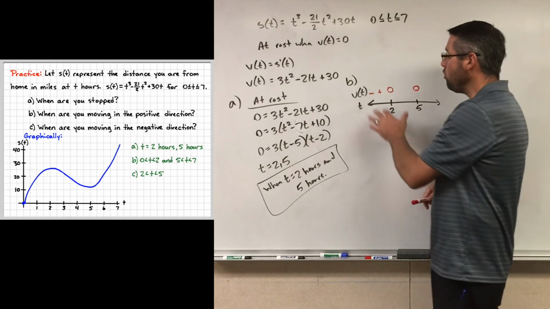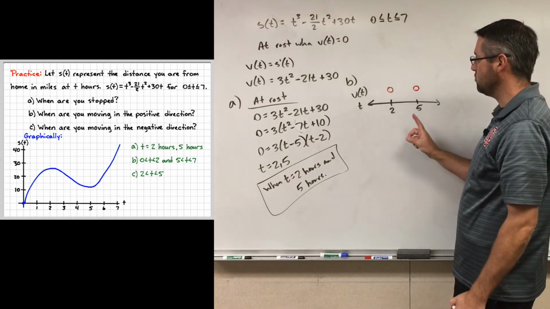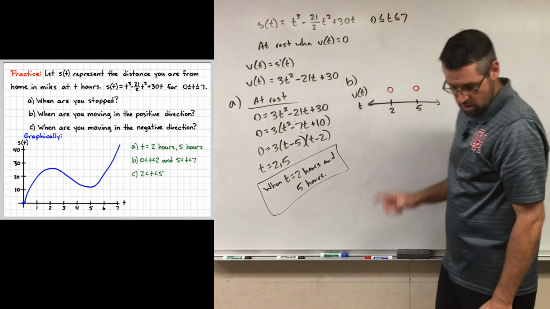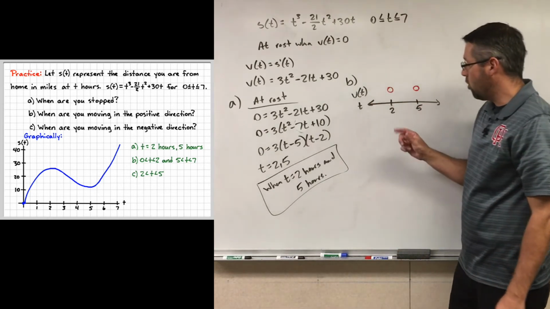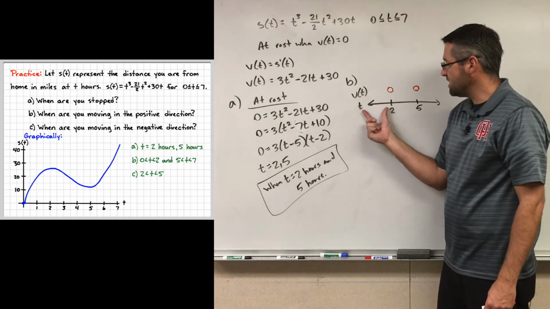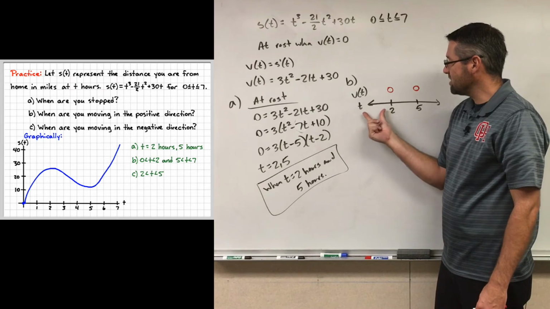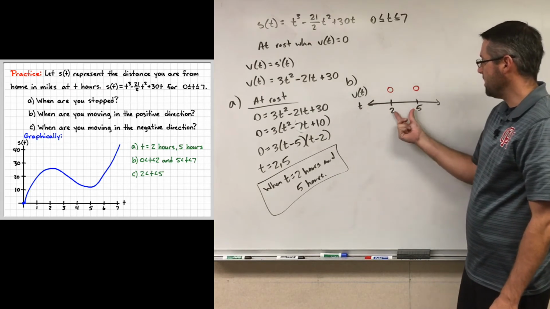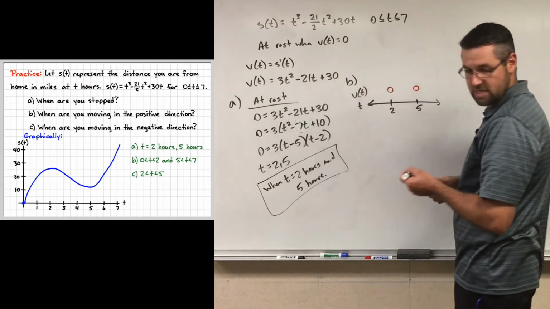So that means the only place where velocity can change signs is when t equals 2 and when t equals 5. As a result, whatever sign is here at any point in this domain will be the same sign throughout the entire domain. Same thing here and same thing here. And so what I do is a little experimentation.